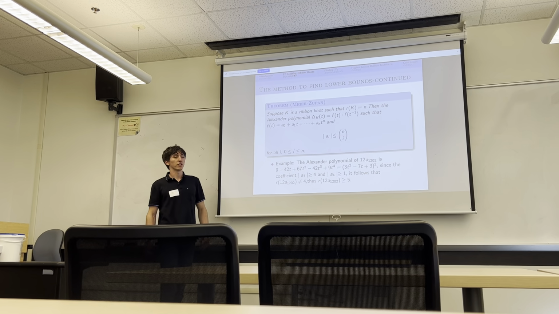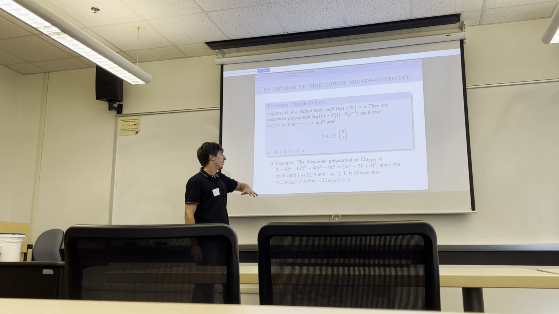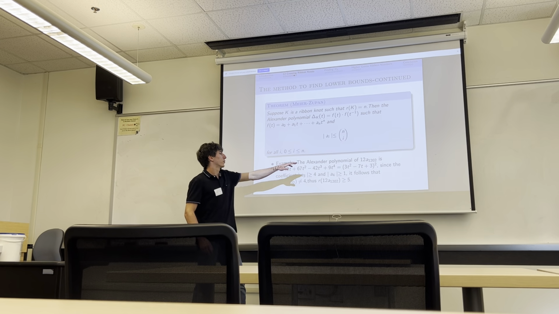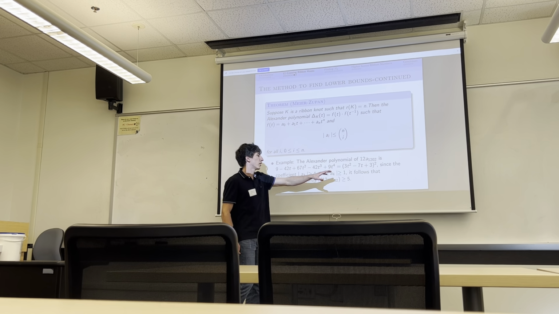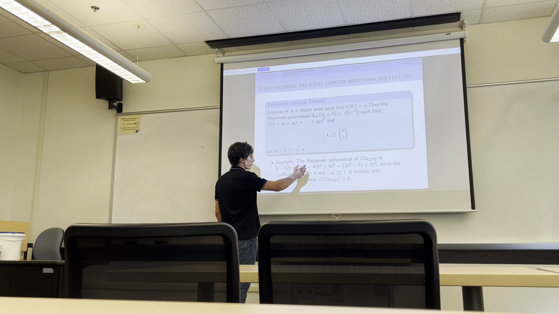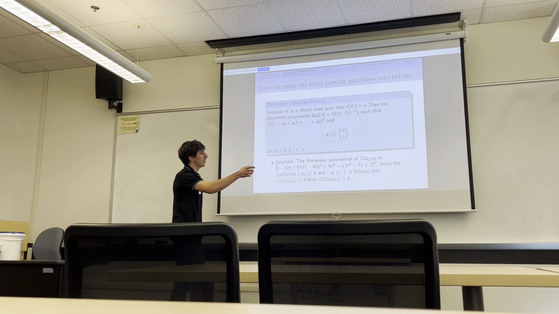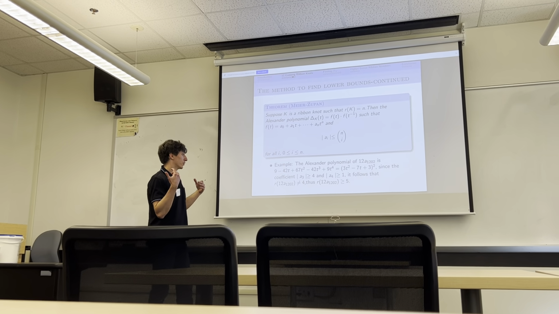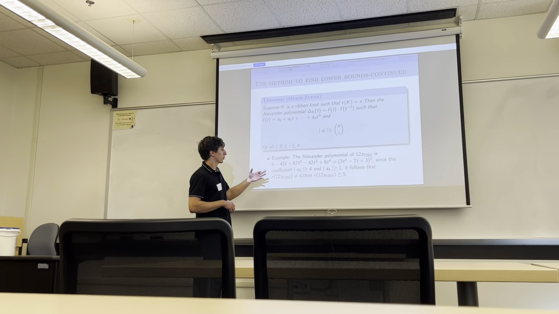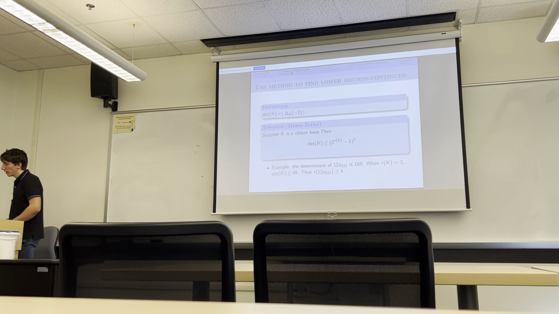An example of this is the knot 12a1202, where you can represent it as f(t) times f(t inverse), and we get that the absolute value of a3 is greater than 4, and the absolute value of a4 is greater than 1, which would result in a contradiction if the ribbon number was 4. So therefore, we must have at least a lower bound of 5.